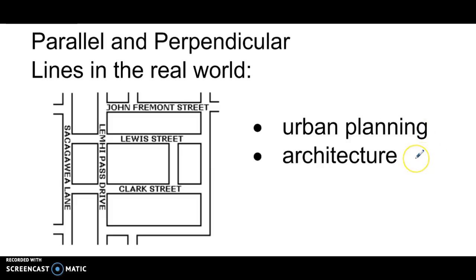If you were laying out a blueprint for a building, for example, odds are you're going to be using parallel and perpendicular lines somewhere inside there. Now, this is just a generic little map that I pulled off of Google. You see that Lewis Street is parallel to Clark Street while also being parallel to John Fremont, while Lemmy Pass Drive and Sacagawea Lane are running perpendicular to them.